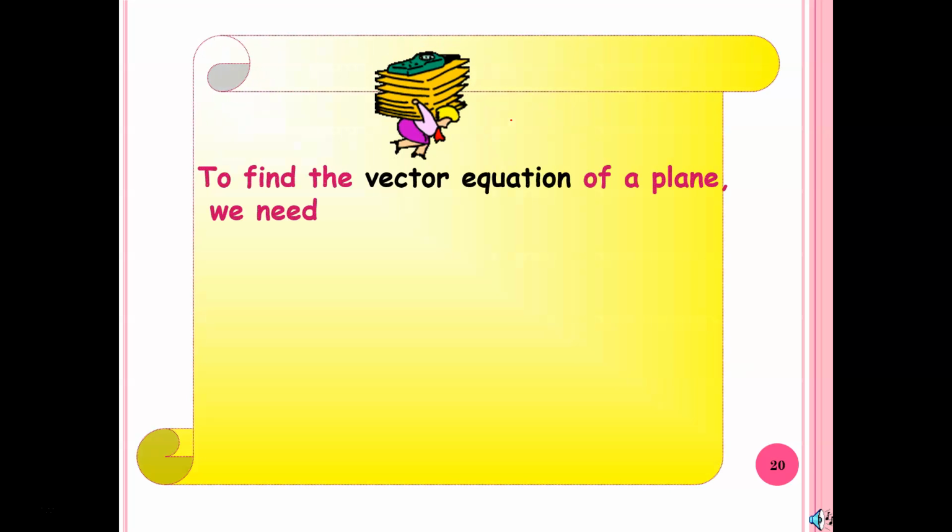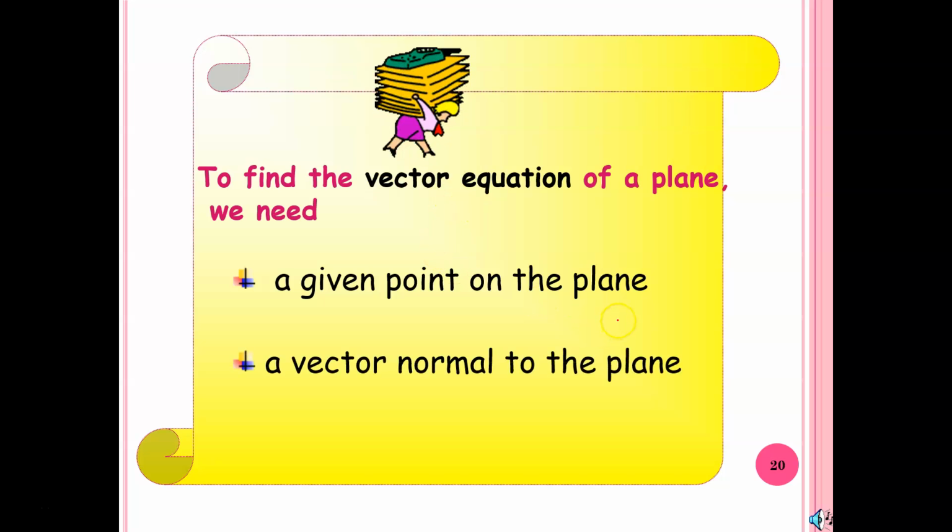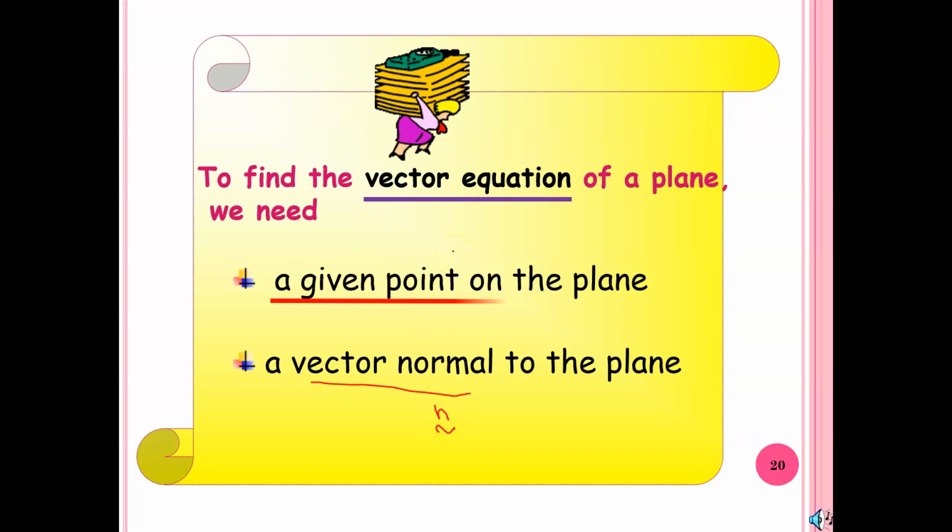Okay, to find the vector equation of a plane, untuk cari sama juga, bukan saja untuk line, tapi untuk plane pun we can find the vector equation like we did just now. The vector equation, we need a given point on the plane and a vector normal to the plane. So you need at least one given point and a vector normal, okay, untuk cari dia punya vector equation.